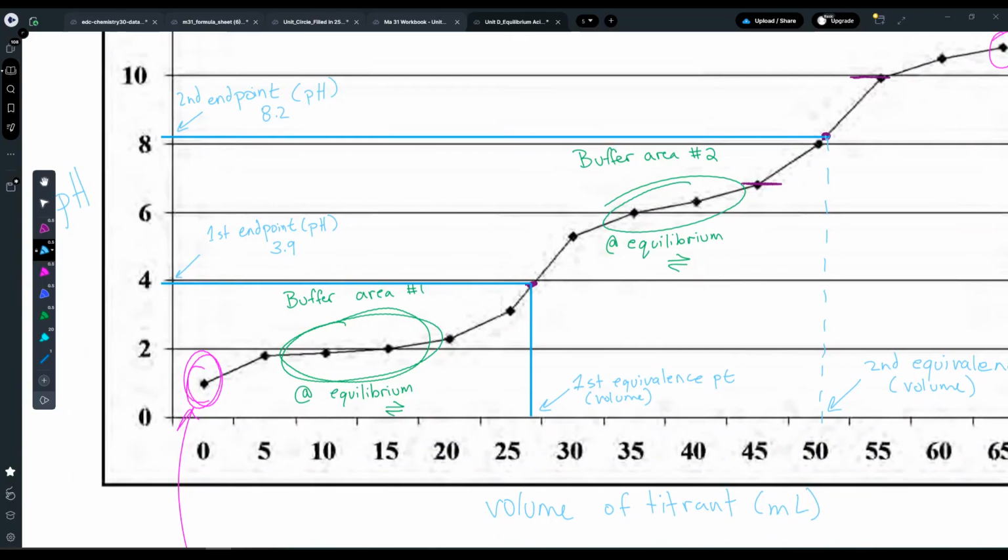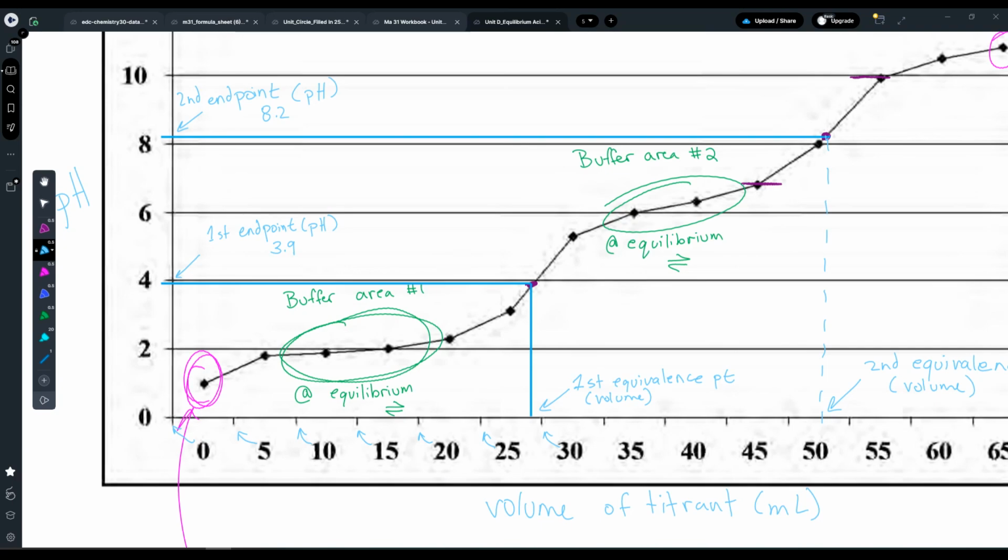Okay, for the equivalence point volumes, you just got to be aware that each one of these numbers, the tick mark comes before it there. So for the first equivalence point volume, I would say that's probably somewhere around 28, 29 milliliters.